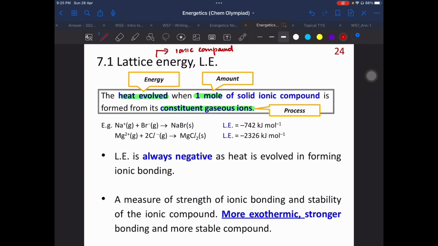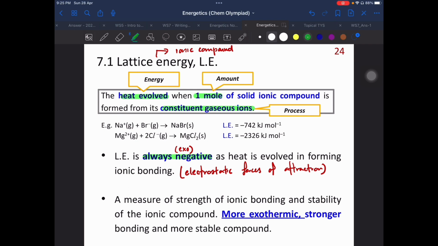So what this means is that we are looking at ions coming together, and this is when there's the idea of electrostatic forces of attraction being formed. So when there's an attraction being formed, just like when there's a bond being formed, the energy change must be exothermic, because two ions are coming together, they're forming attraction, and energy must be released in order for that to happen. And this is actually an indication of how strong the type of ionic bonds we are looking at.